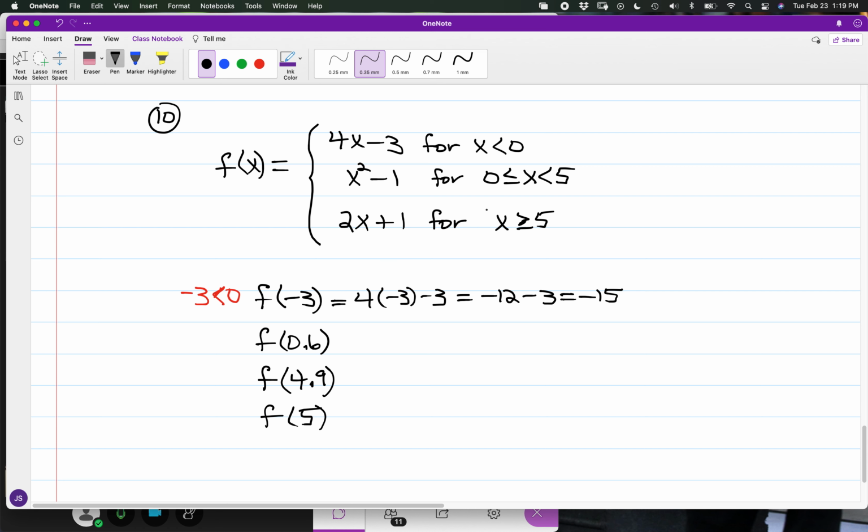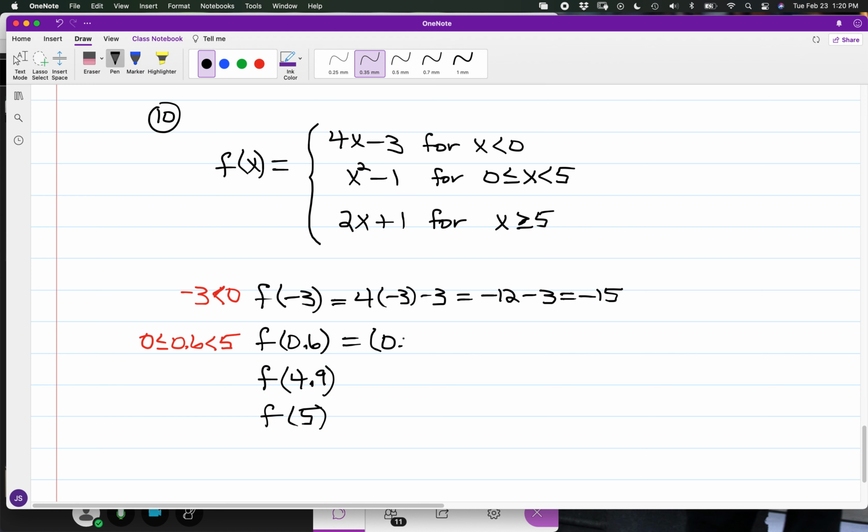Now for 0.6, 0.6 cannot be less than 0, but 0.6 does fall between 0 and 5. So here we'll have that 0 is less than or equal to 0.6, which is less than 5. And since this belongs to the second inequality description, we're going to use the second functional characteristic.